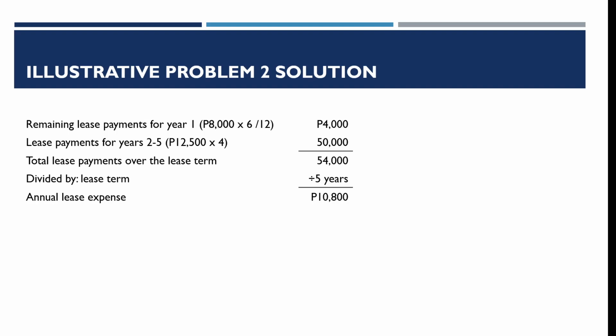So, 8,000 times 6 over 12, 4,000. Then, add the lease payments for years 2 to 5, 12,500 times 4 years. So, how much is your total lease payments over the lease term? 54,000. Then, ikakalat nyo yan over the lease term of 5 years. So, your annual lease expense is 10,800 per year.